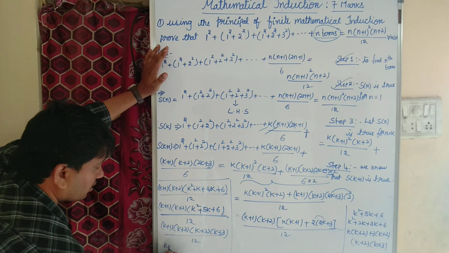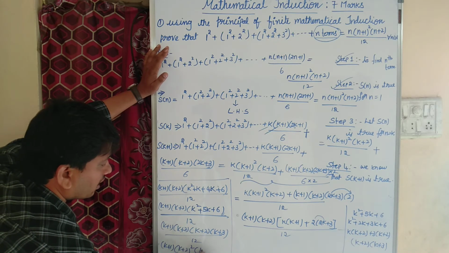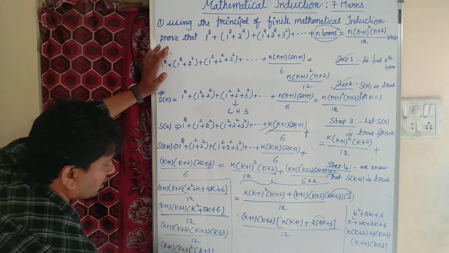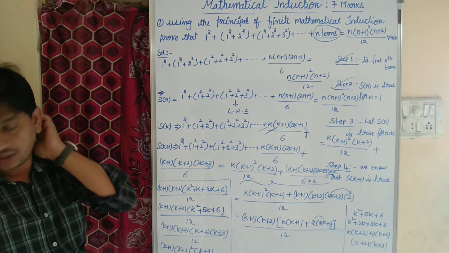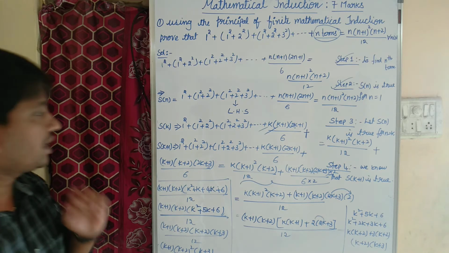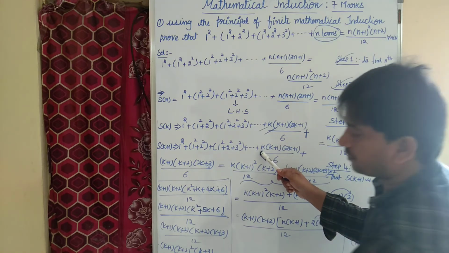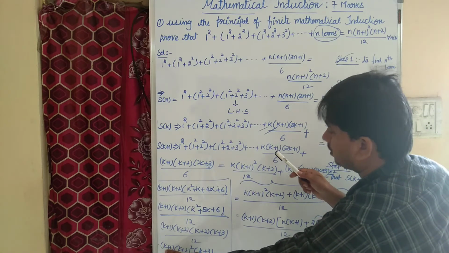So we get (k+1)(k+2)(k+2)(k+3), that is (k+2) whole square into (k+3), divided by 12. See children, what did we get in the place of k? In the place of k we got k plus 1.